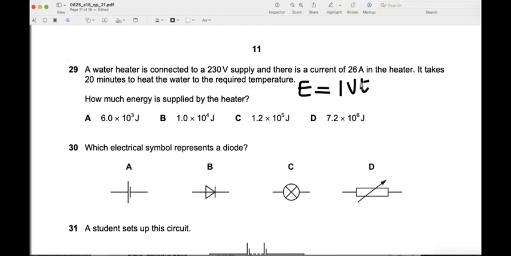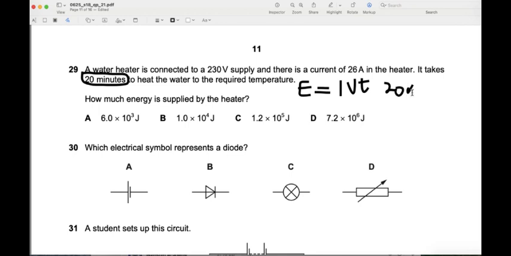But in this regard, we have to change this time from minutes. If you take 20 minutes to calculate, you're going to get the wrong answer. You have to change it to seconds because that's the proper unit. So 20 minutes multiplied by 60 seconds.